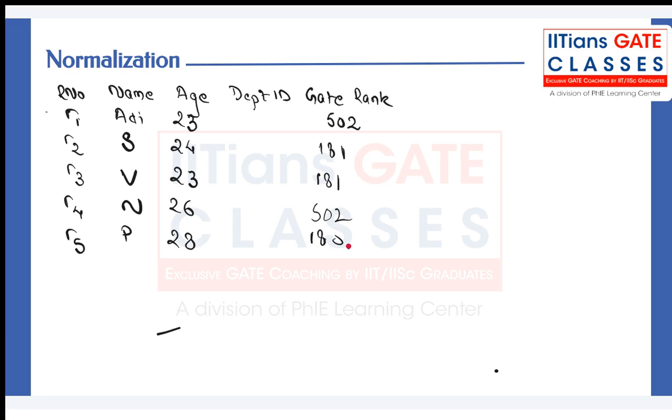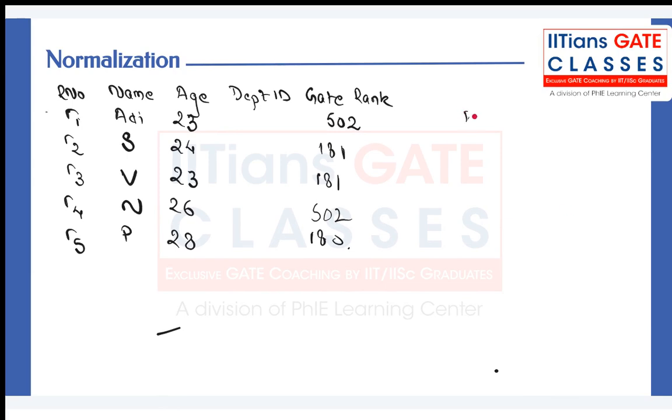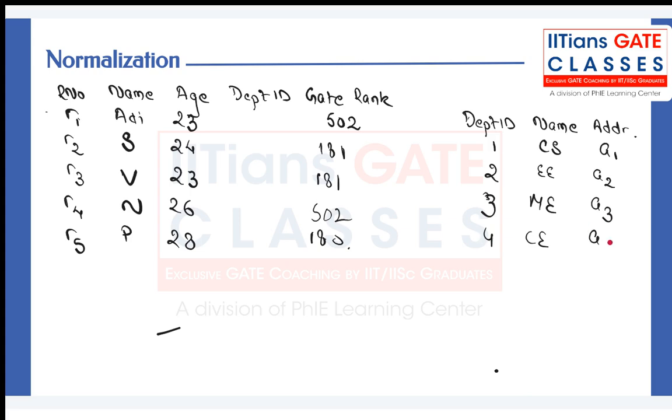This is one table, and I have another table that only stores the department information, which is the department ID, the name, the address. Department ID is 1, CS, A1; department ID is 2, EE, A2; department ID is 3, ME, A3; department ID is 4, civil engineering, A4.